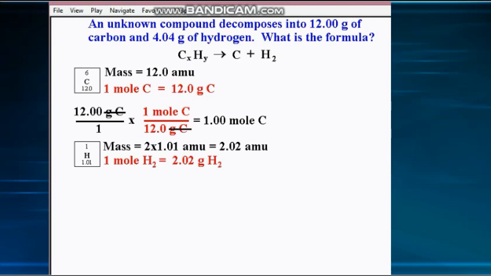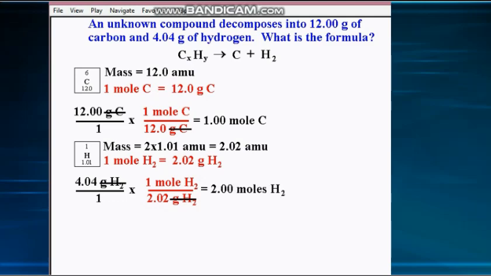That tells me that 1 mole of H2 is equal to 2.02 grams of H2. Oh, I like that too. That's our conversion relationship between moles and grams. So now I can convert 4.04 grams of H2 times the conversion relationship, putting grams on the bottom so that they will cancel, gives me 2.00 moles of H2.